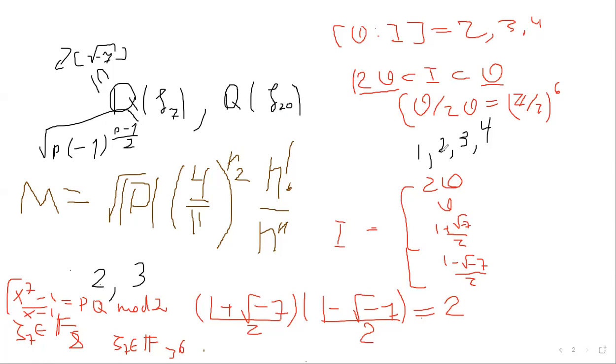We proved it. So it would be one of these 4 possibilities, and that's impossible because the norms don't match up.